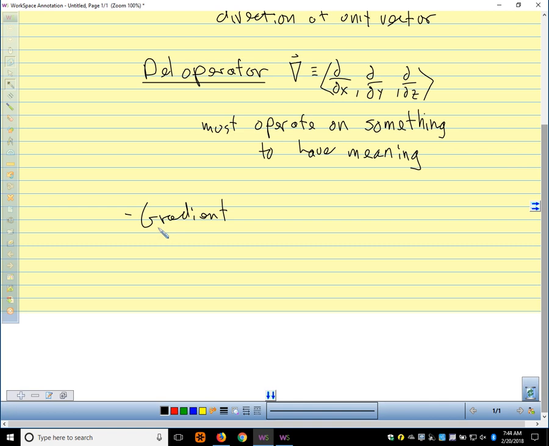Gradient functions will be very important in chapter 15 as well. The idea of a gradient is one of the key ideas in multivariable calculus. The gradient of z equals f of x y is del f.